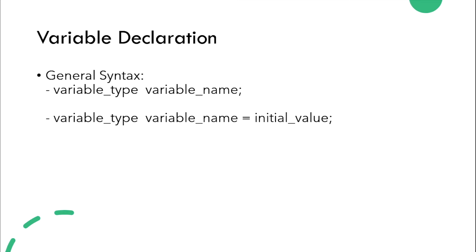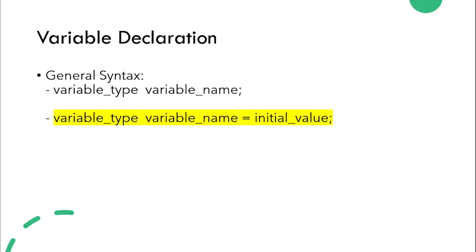Although we have multiple data types in C++, the question is, how do we declare them? In C++, the general syntax of declaring any variable is as follows. At first, we write the variable type, and then we write the variable name, and then we end the statement with a semicolon.